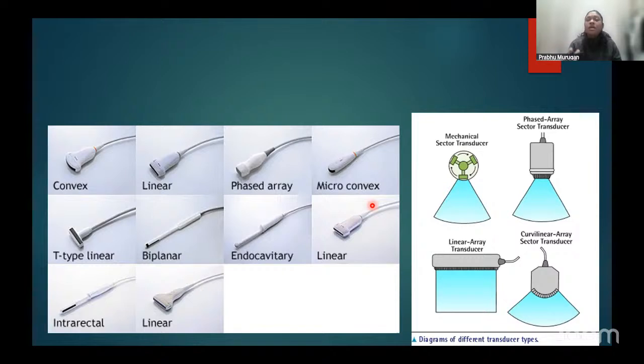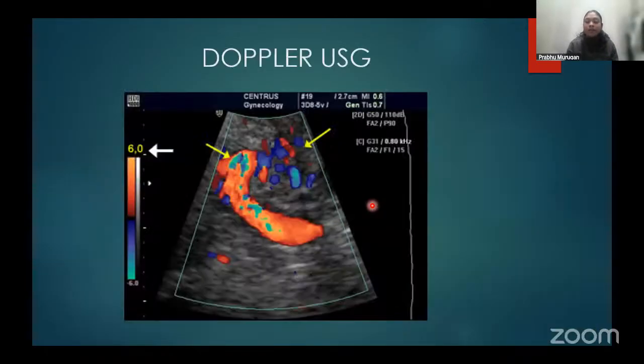In such cases we can make use of this intraoral transducer. And apart from that, in case of any muscle hypertrophy, masseter or anything like that, this USG is useful. So these are the indications and how the mechanism is taking place.